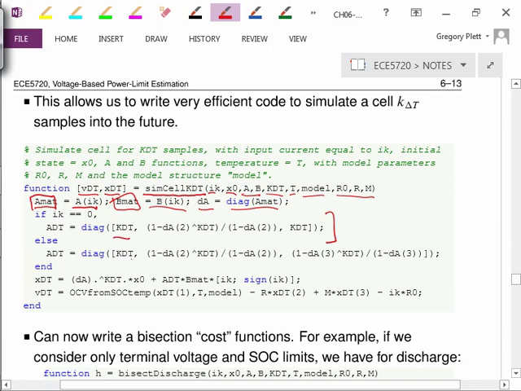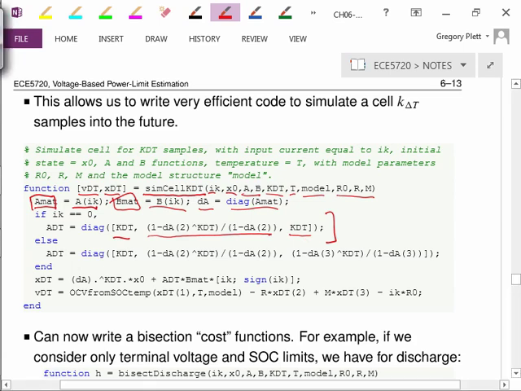So the integrator state, we just add up kdt samples of current to add to the SOC variable. The diffusion resistor value, we use that formula from the previous page, and then for the hysteresis state, it stays the same.